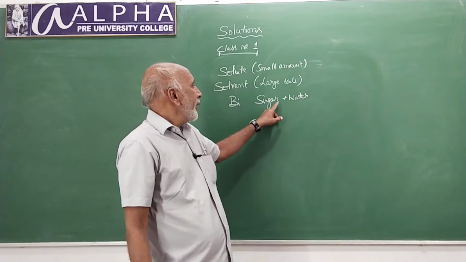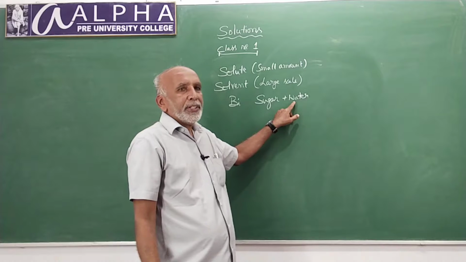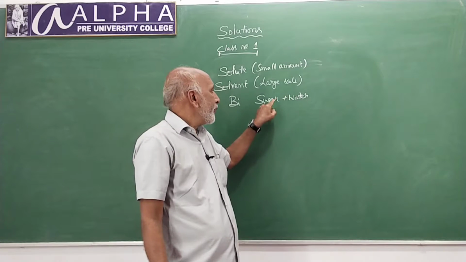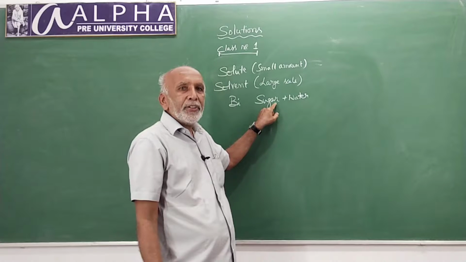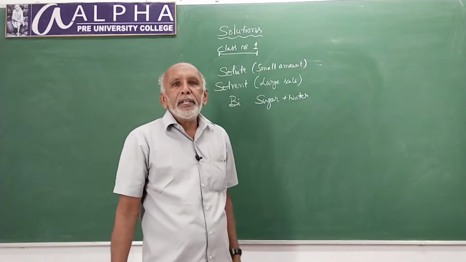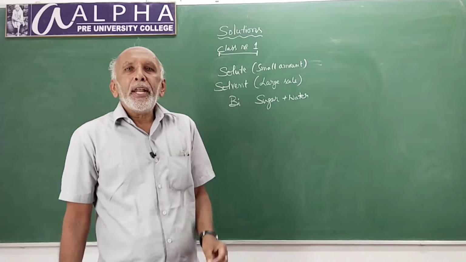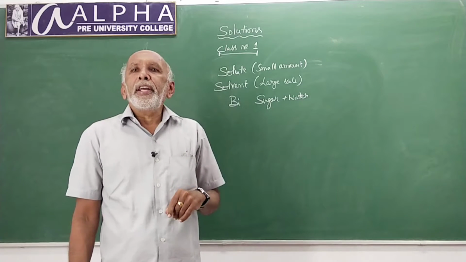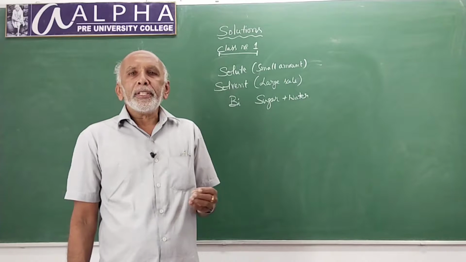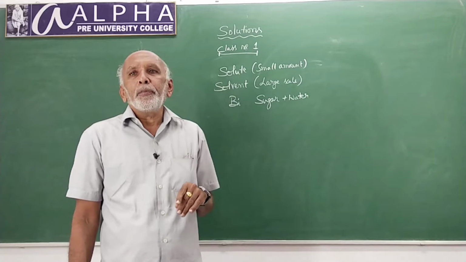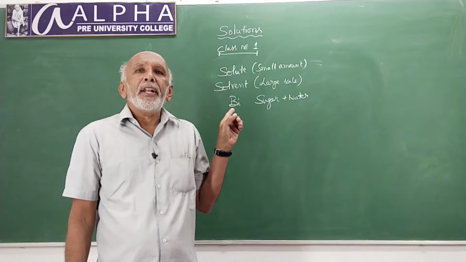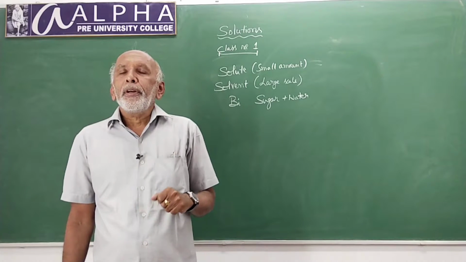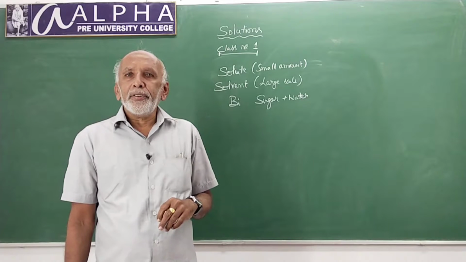Here it consists of only two substances, sugar and water, of which sugar acts as solute, water acts as solvent. The substance which dissolves is known as solute, and the substance which dissolves the solute is known as solvent.